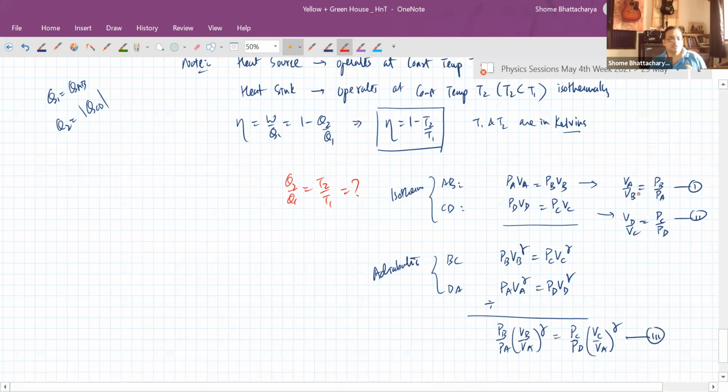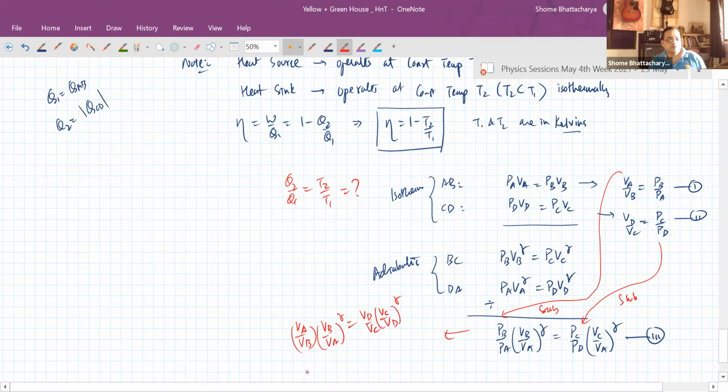Now in the third equation, if we substitute the results from the first and second equations, we get that PB upon PA is nothing but VA upon VB, and PC upon PD is nothing but VD upon VC. So we have VB upon VA to the power gamma minus 1 is equal to VC upon VD to the power gamma minus 1, which means that VB by VA is equal to VC by VD.